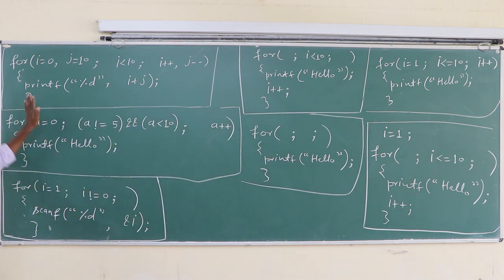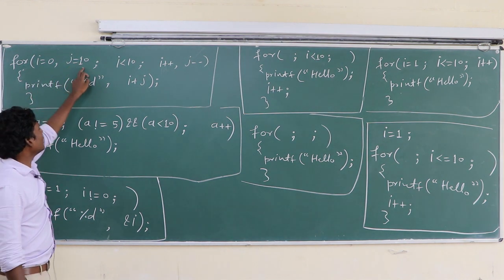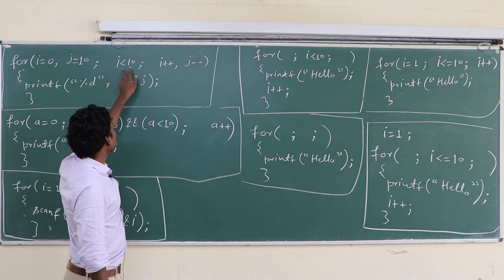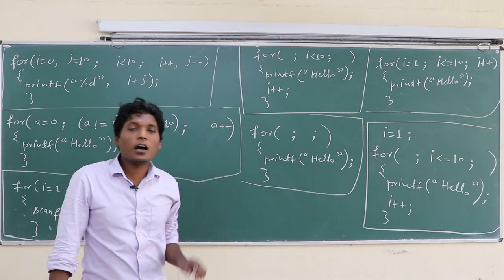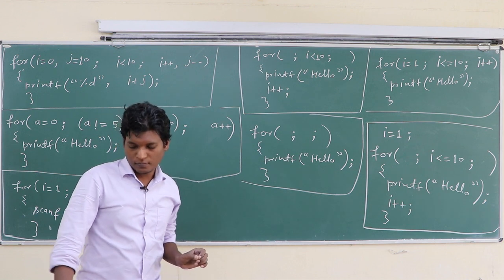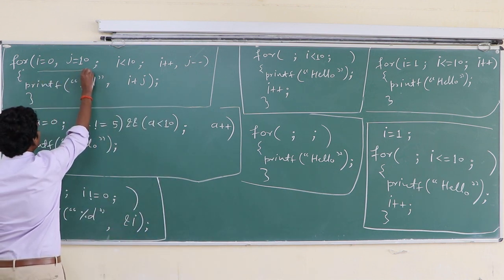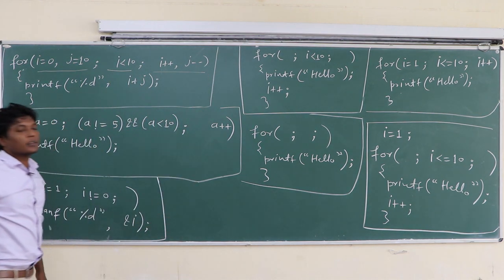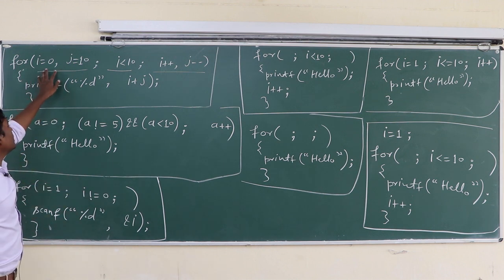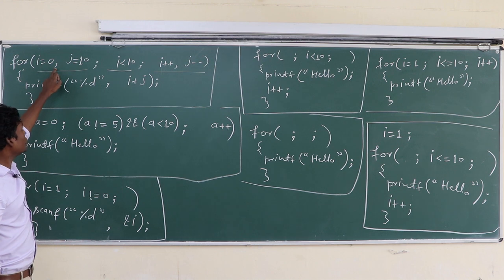Now here, class, for i equal to 0, j equal to 10, i less than 10, i plus plus, j minus minus. Class, there are also three sections here. Section 1 is here, section 2 is here, section 3 is here. Class, you can initialize many variables here and separate them with a comma.